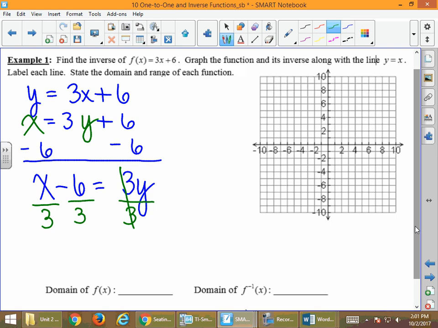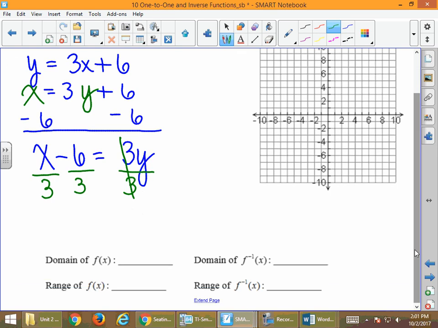Because we're putting this line back into slope-intercept form, so we end up with y equals x over 3 minus 2. And don't forget that the number in front of the x is 1.